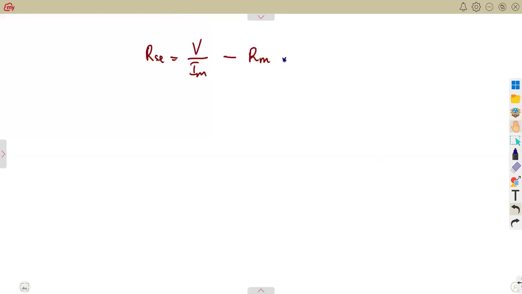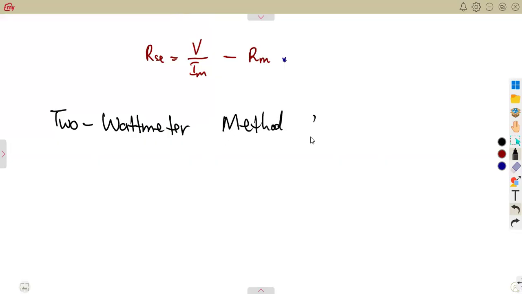There is what we refer to as the 2 wattmeter method. So this is for 3-phase supplies. It affects the 3-phase supplies.